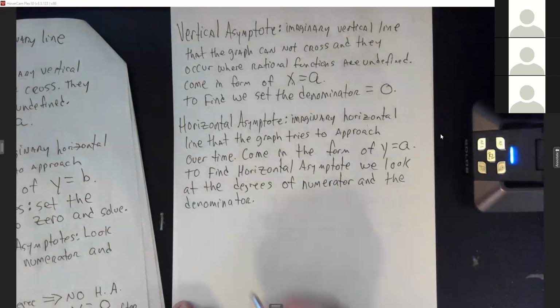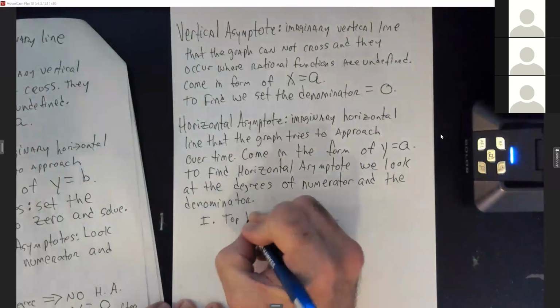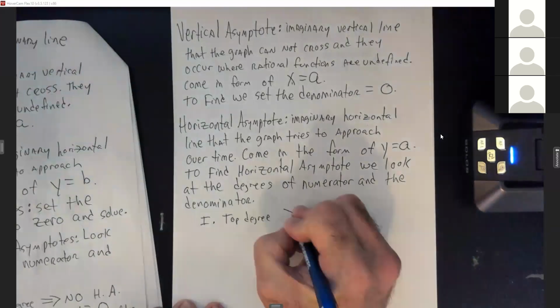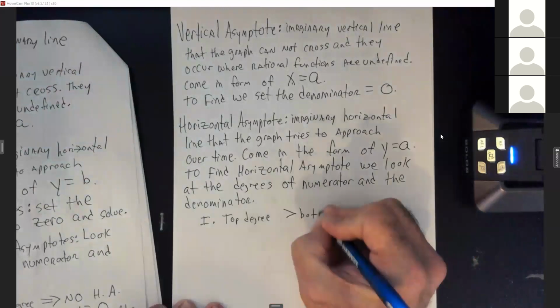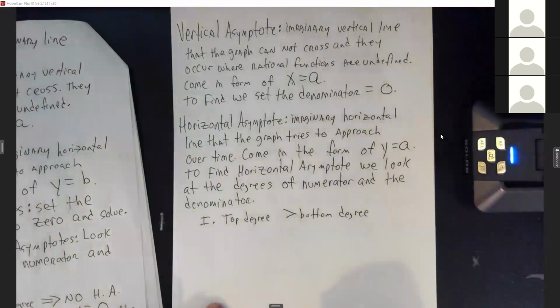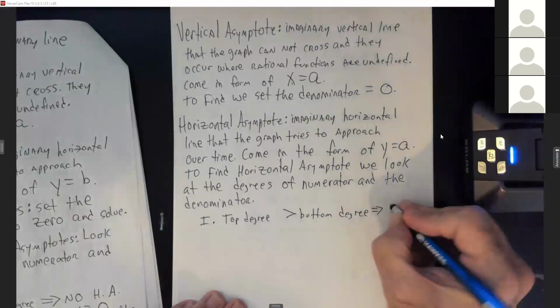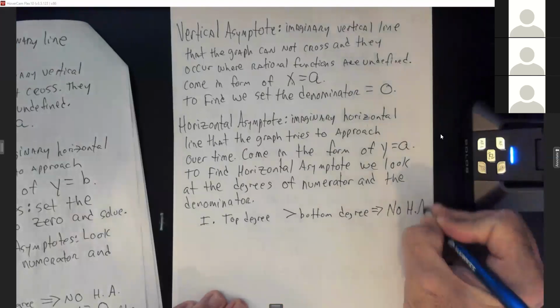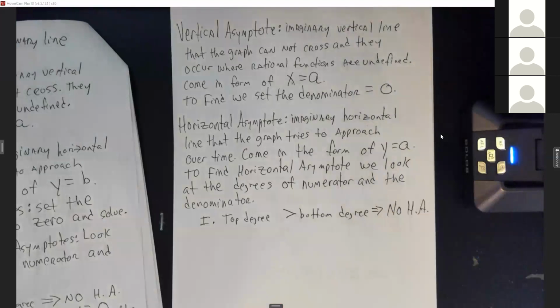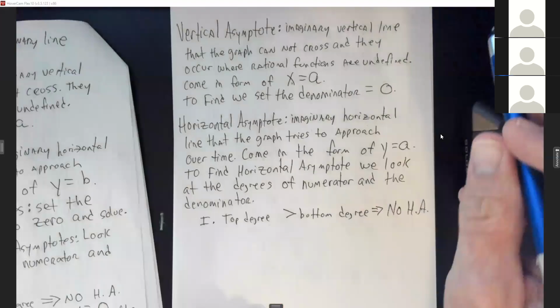So you got 3 cases that can happen. Case number 1 is the top degree is greater than the bottom degree. So that means on my fraction, my top's got a higher exponent than the bottom. If that happens, there is no horizontal asymptote. Because if the top's got a higher degree, your graph is just going to keep heading up towards positive infinity.